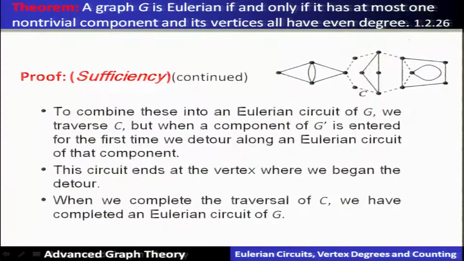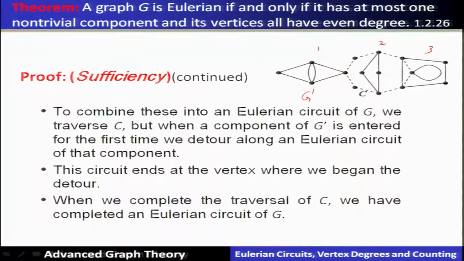Now, to combine these into the Eulerian circuit of G, we traverse C, but when a component of G prime is entered for the first time, we detour along an Eulerian circuit of that component. So this is one component, 2 component, 3 component.